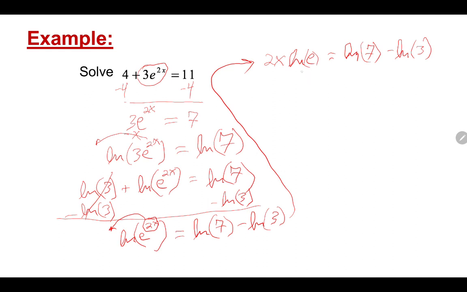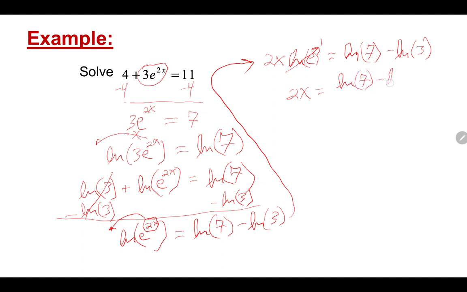That's like saying e, because that's the base, to what power is going to give me e? Well, that power would be 1. So this becomes 1. So I have 1 times 2x is just 2x is equal to all of this. And I'm going to keep them separate.